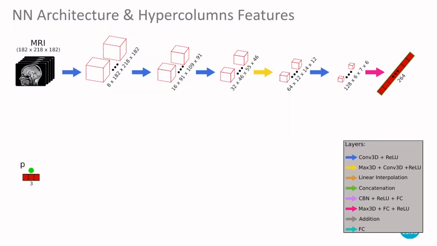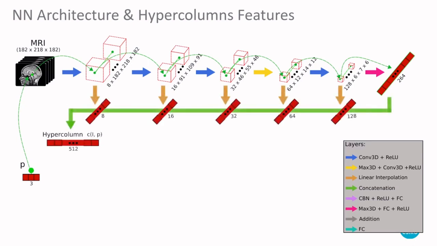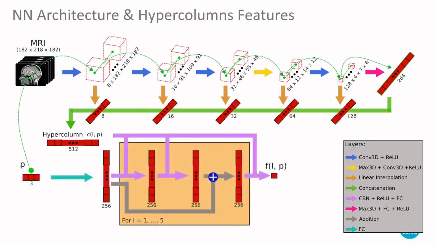Then, we map the input point to the image and its respective feature maps, where feature values are interpolated and concatenated to form a feature vector aggregating local and global information to predict an implicit surface representation for the given point. Finally, this vector, named hypercolumn, and the point coordinates are passed to a decoder, which outputs the implicit surface representation for this point according to the input image.